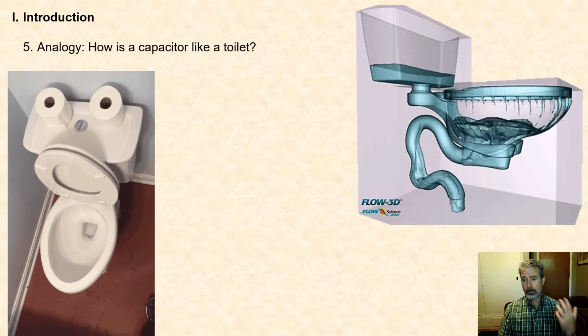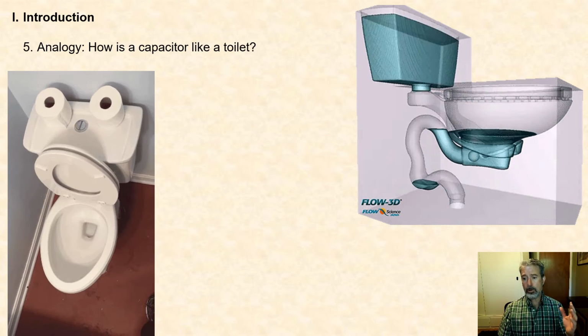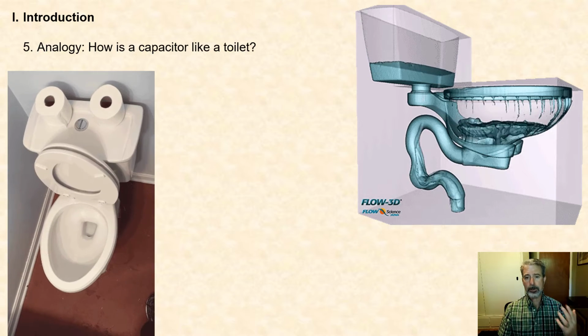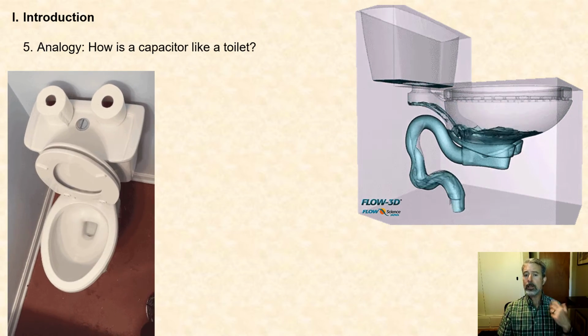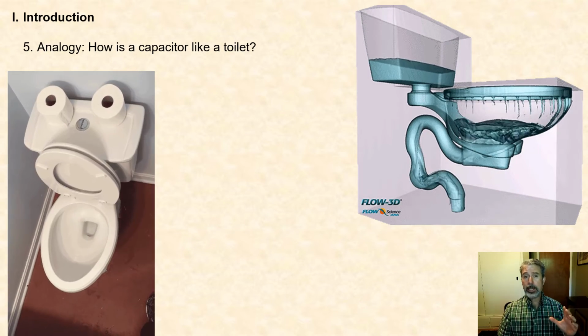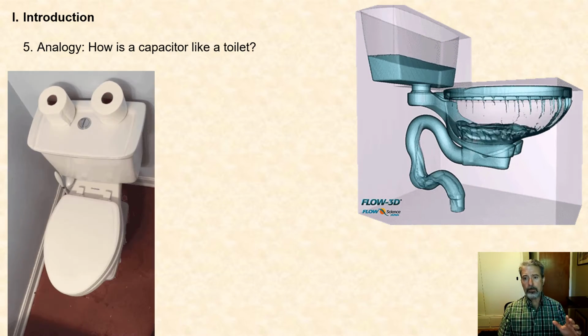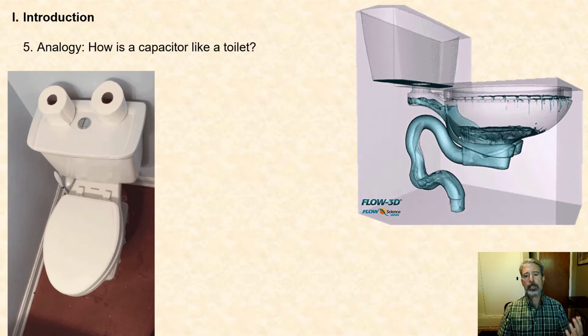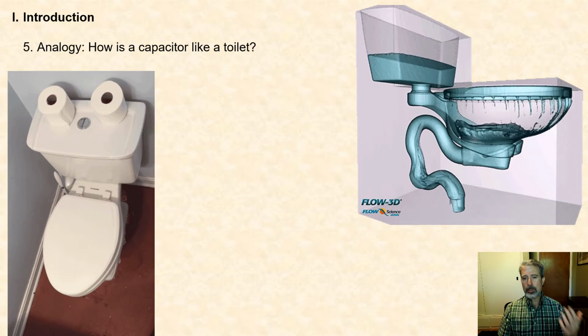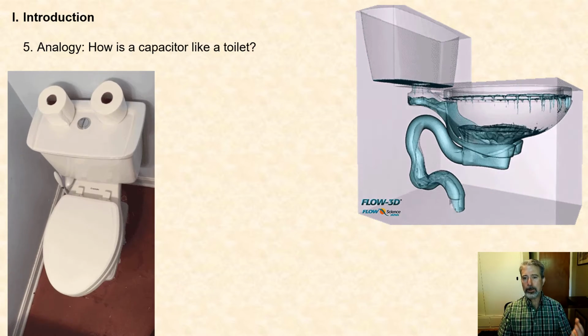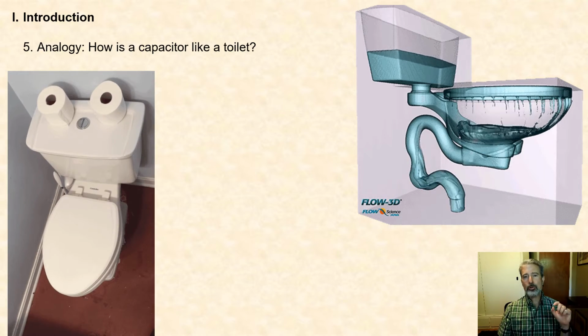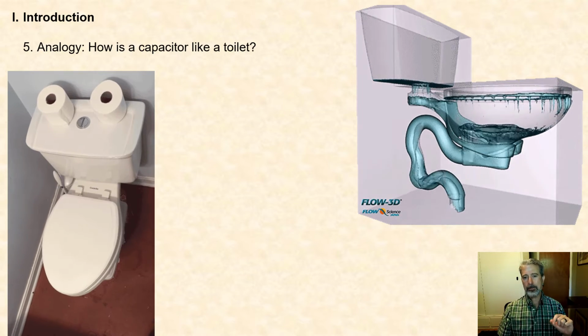Certainly if you talk about pressurized plumbing, that's a different story, but that's not what you would find in the typical household toilet. So in that case, a battery can be used providing a relatively low power to slowly charge the capacitor, in the same way that conventional plumbing can be used to slowly fill the toilet tank.